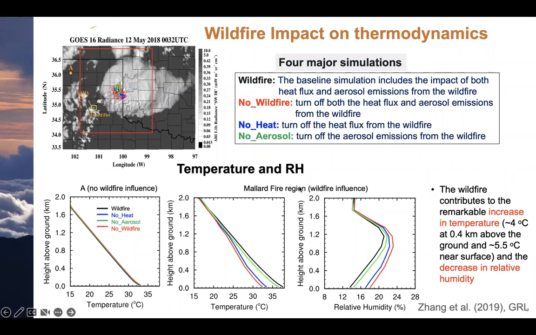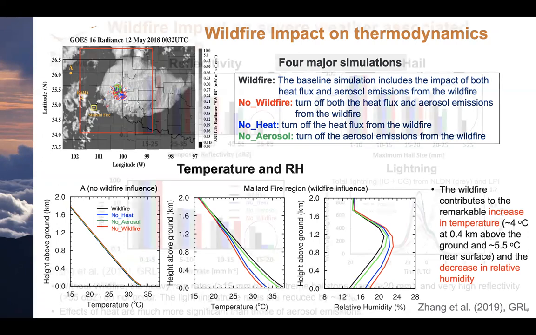It induced about 4 degrees above the ground, and at the surface it leads to an increase of about 5.5 degrees. In the meantime, the relative humidity is decreased. But for site A, which we see here, which is remote from the wildfire, we cannot see any wildfire influence.